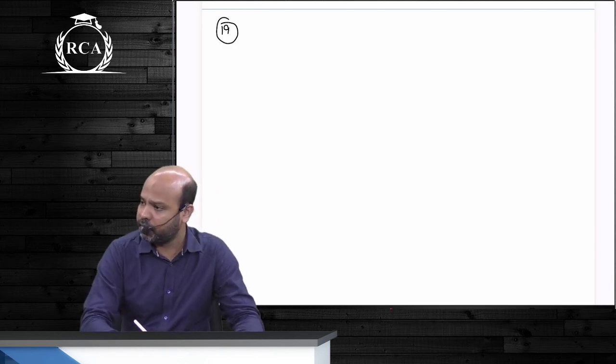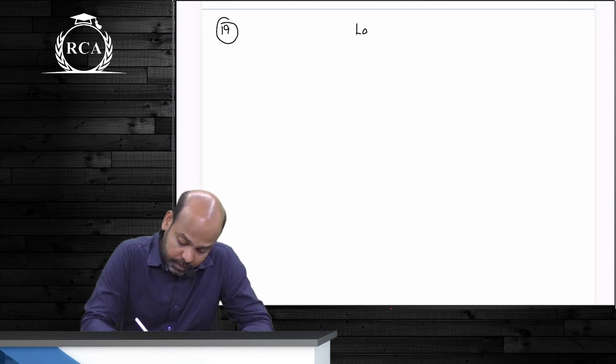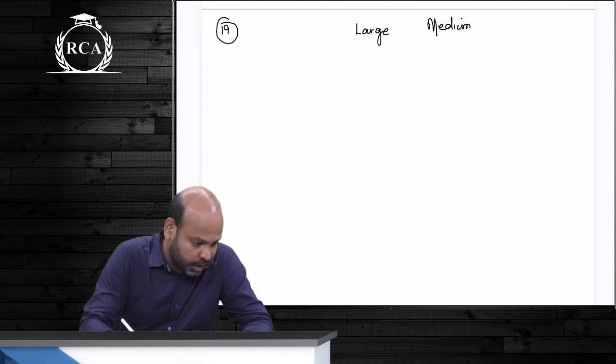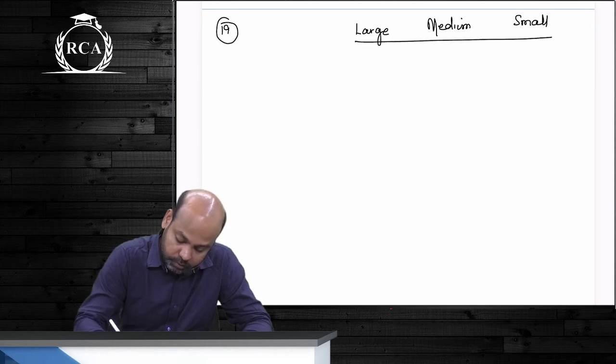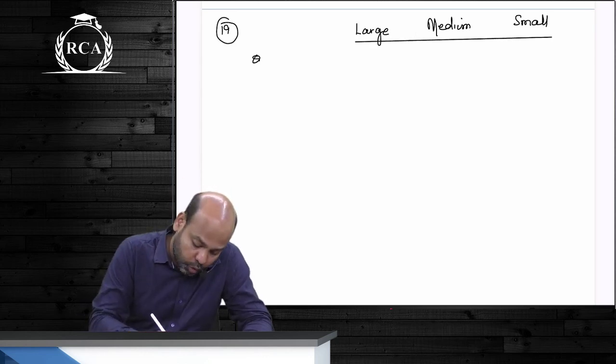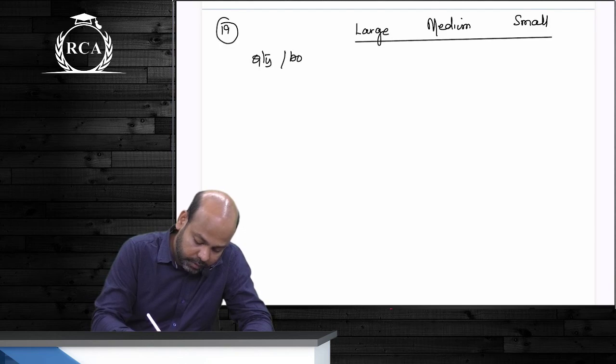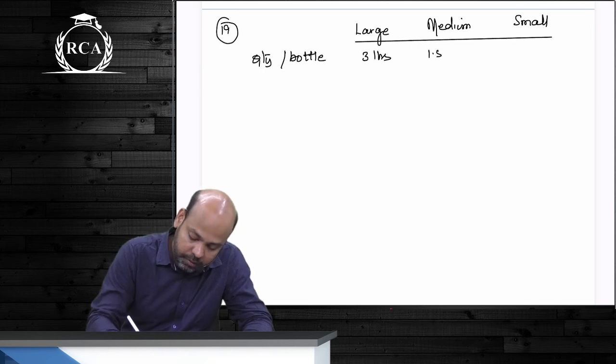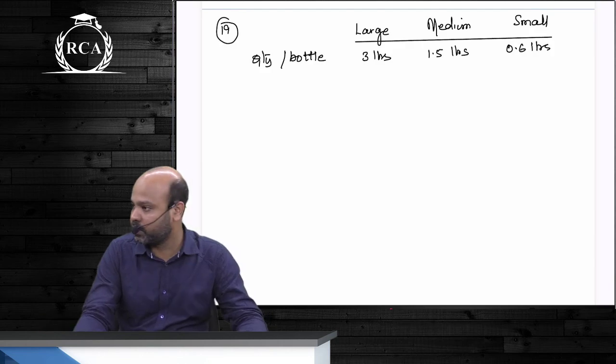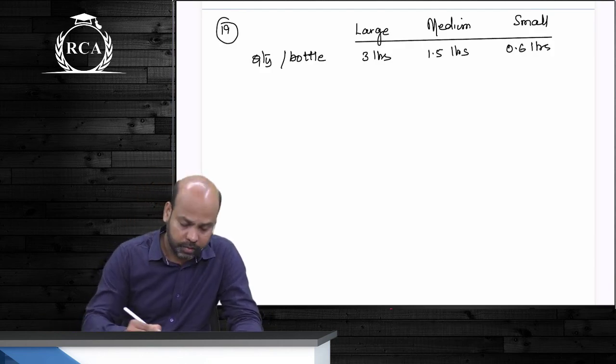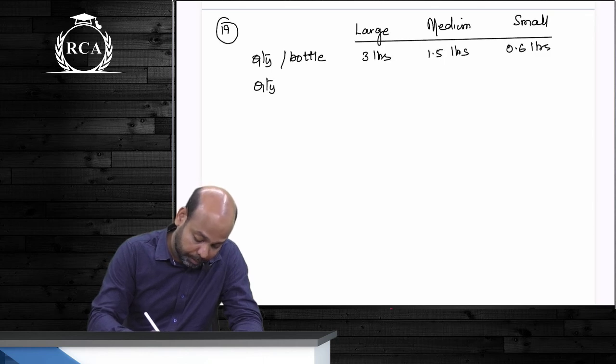So here, guys, back beta. Large, medium, and small. What is the quantity per bottle, guys? 3 liters, 1.5 liters, 0.6 liters, 600 ml. What is the quantity per batch, guys?